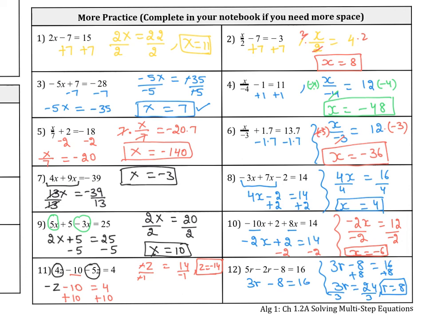For number 15, 5r minus 2r, you combine the like terms, that's 3r, add 8 on both sides, you get on the other side 24, this side is 3r, divide with 3 on both sides, you get r equals 8.